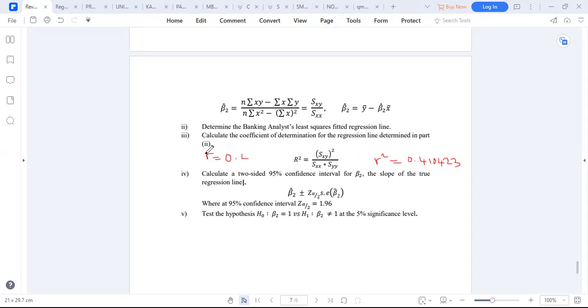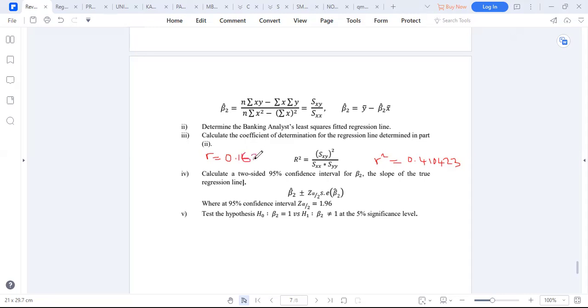So to reverse it, this is the coefficient of determination. What is the coefficient of correlation? So just square root this. 0.168.